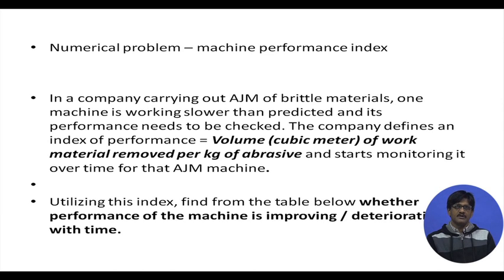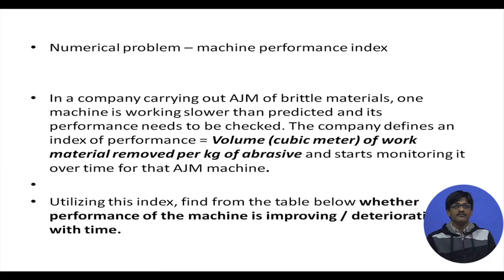So, what is the problem? Somebody has become doubtful about the performance of a particular AGM machine, and in the competitive market, if you are lagging behind, then you might be eliminated, hunt or be hunted, a rat race. So, the company needs to check the performance of the machine.